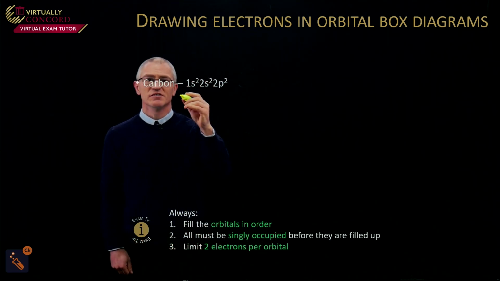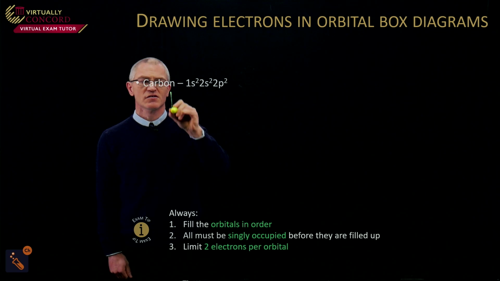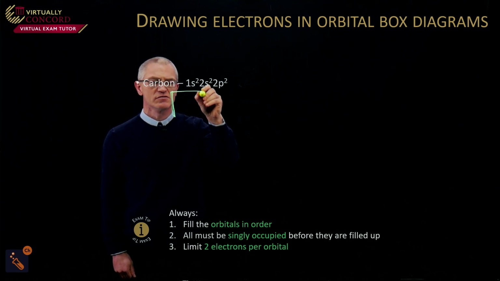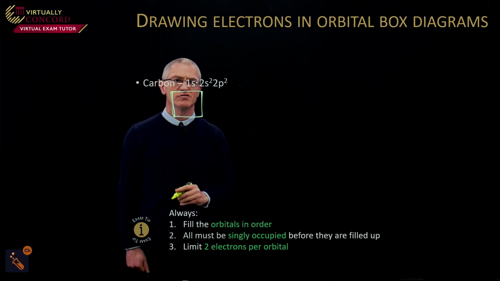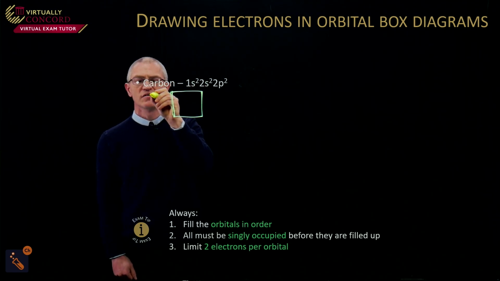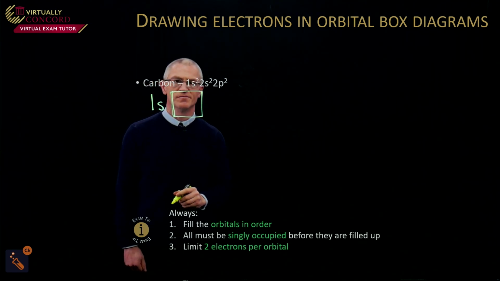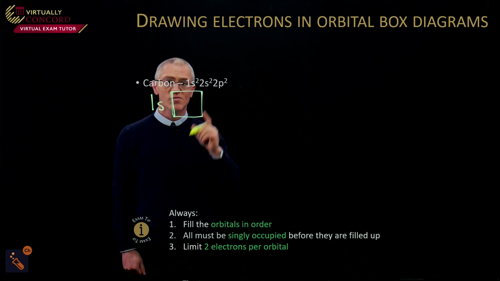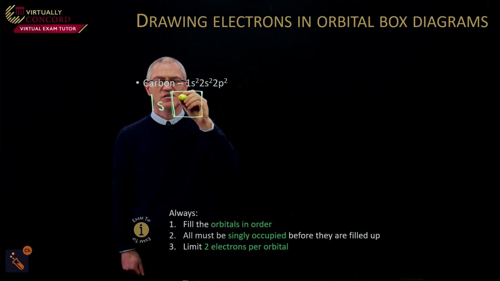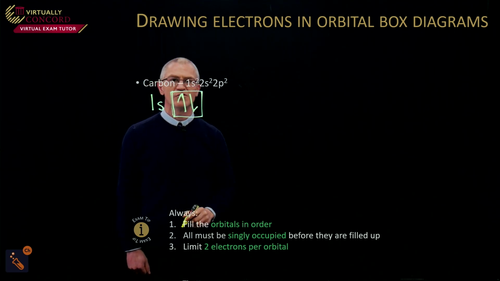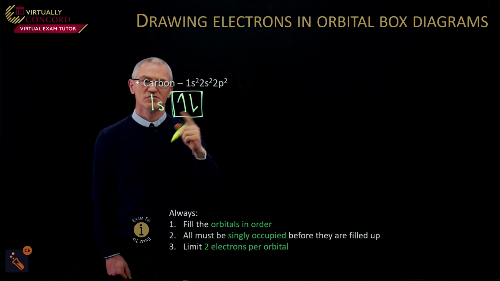So the diagram consists of, okay, a box. So there's your box, okay, and we're going to call that a 1s orbital. Okay, so 1s orbital, and we label the electrons by an arrow going up and an arrow going down. That shows the opposite spin. Okay, so we've done opposite spin.